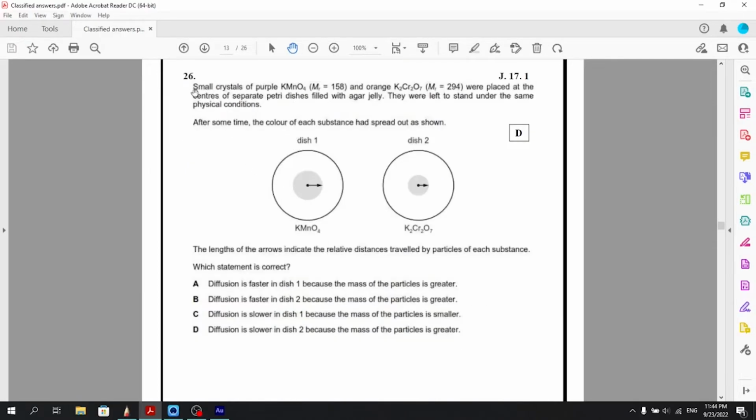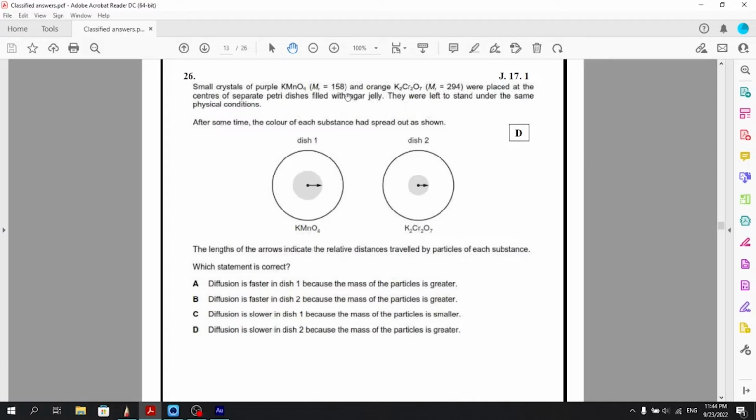Alright, question 26. Small crystals of purple potassium permanganate with a relative molecular mass of 158 and orange potassium dichromate with a relative molecular mass of 294 were placed at the centers of separate petri dishes filled with agar jelly.